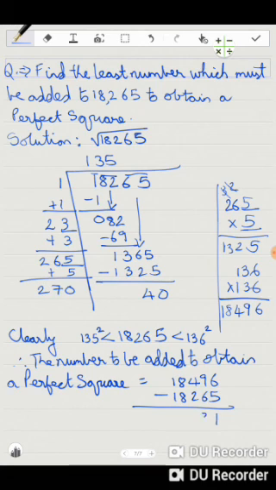Remember 1, 3, 2. So 231 will be the least number that I will add.